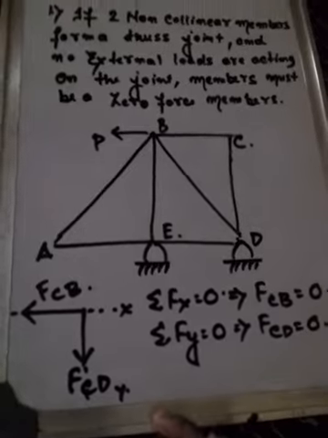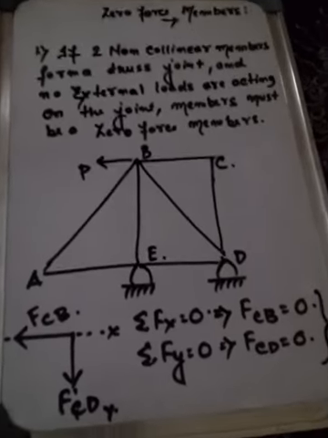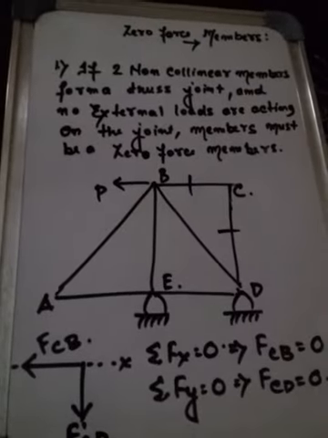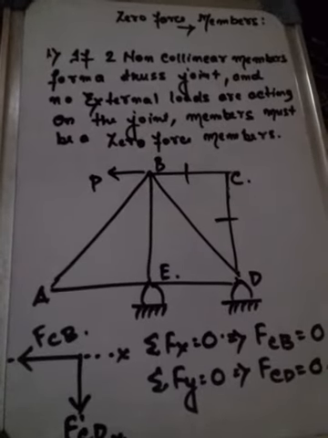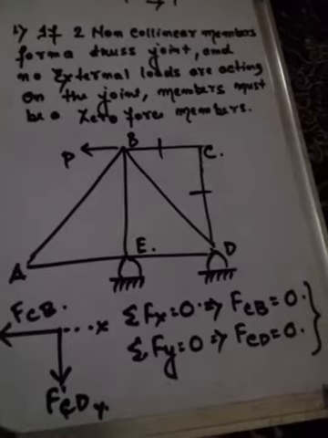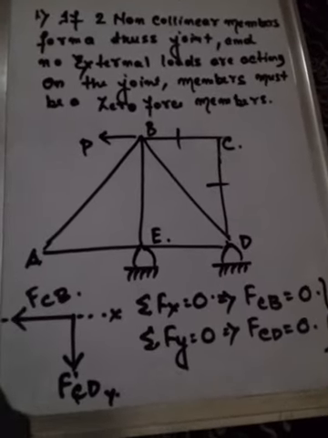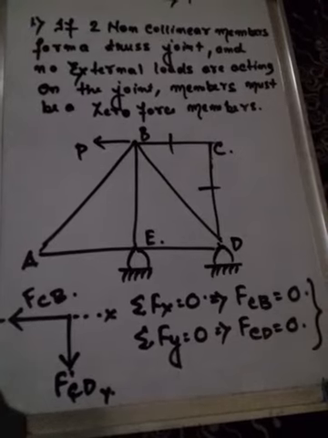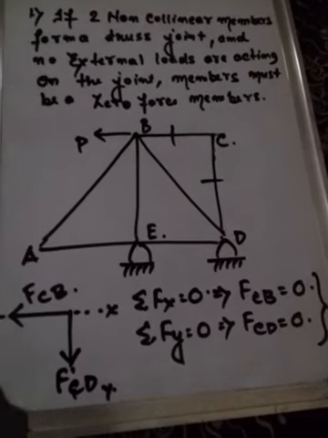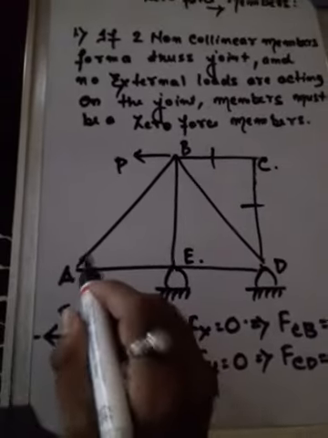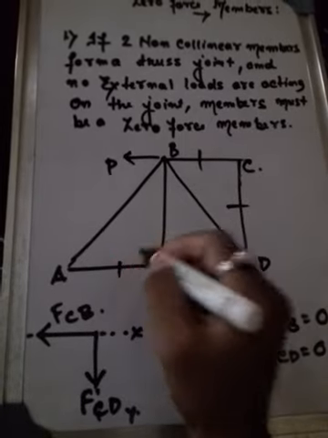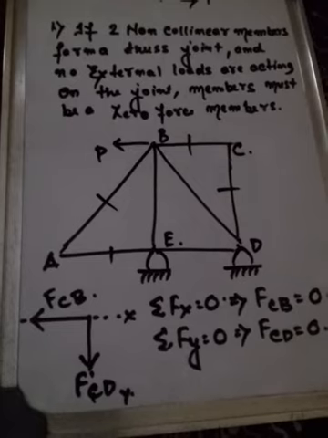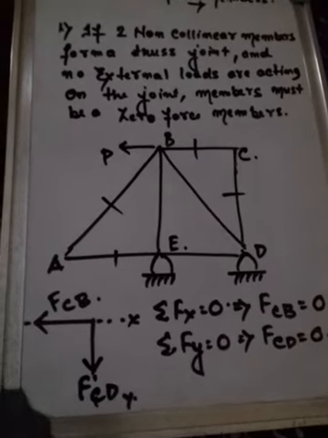Okay. So if there are two non-collinear members, either this member and this member at point C, and there are no loads acting on the joint, the members must be zero force members. Now in this case study only, there is one more joint, that is joint A. At joint A also you see these two members are meeting, and at joint A there is no load and no support reaction.